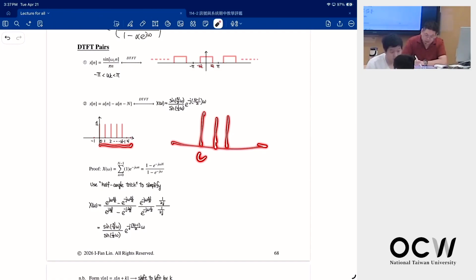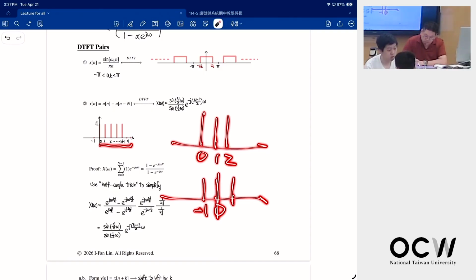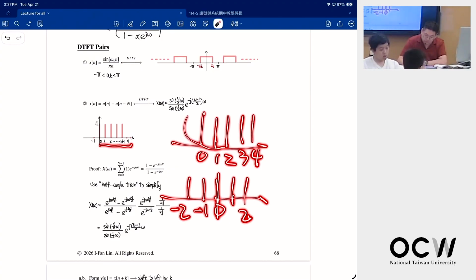So this is 0, 1, 2. So I can shift to have minus 1, 0, 1. If I have a 5, 3, 4, I can have a minus 2 and 2. So my terms should be odd. Okay, so here should be odd.